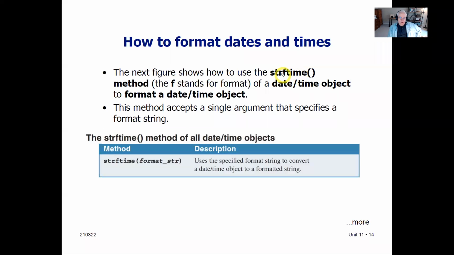So just pack it away in your brain cells that the string format time method is going to create a string, okay? It's taking an object and changing it to a string.